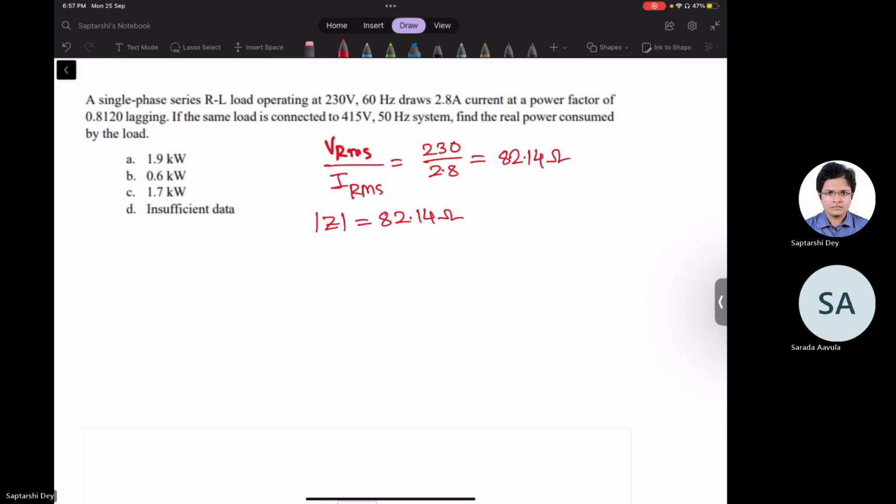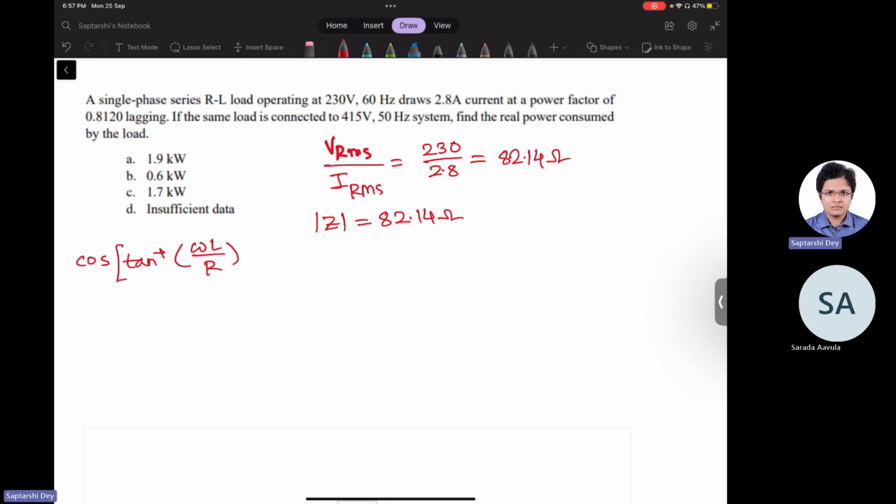Now, what else do we have? We have the power factor. So omega L by R, there is an angle. So wait, tan inverse omega L by R gives us the power factor angle.